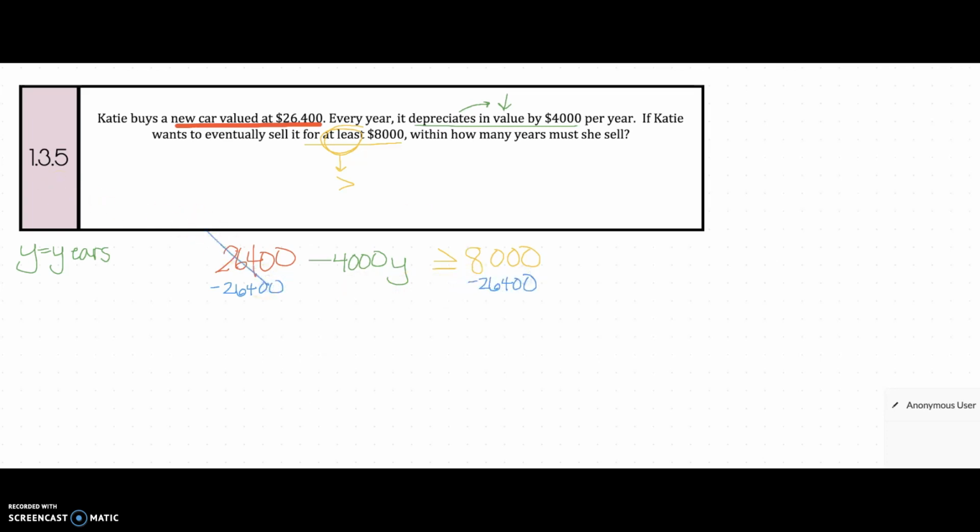And those are going to cancel, and I'm left with negative 4,000y. And then that is greater than or equal to negative 18,400.